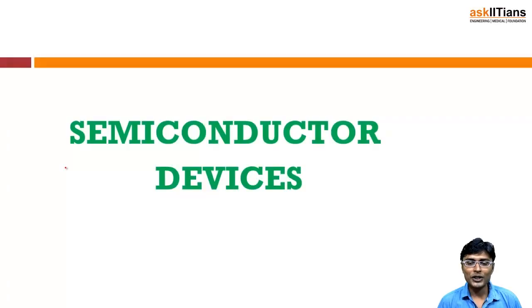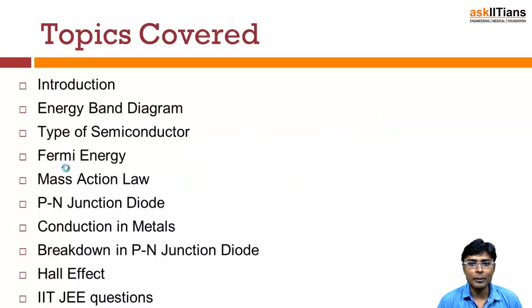Okay students, so let's start with the new chapter called Semiconductor Devices. Let me first tell you the topics which I will cover in this chapter. First of all, I will start with the introduction. After this, I will discuss the energy band diagram.